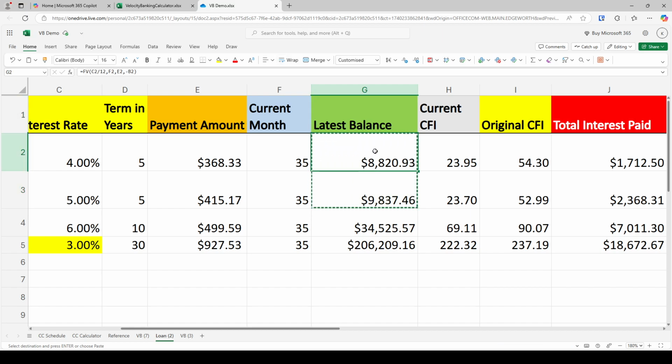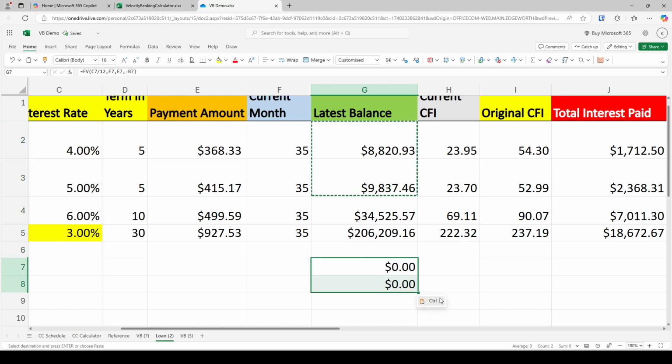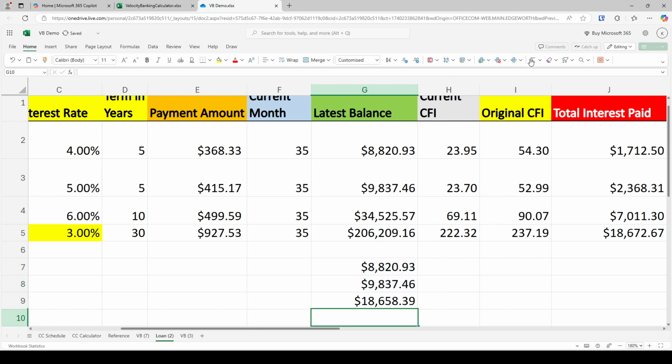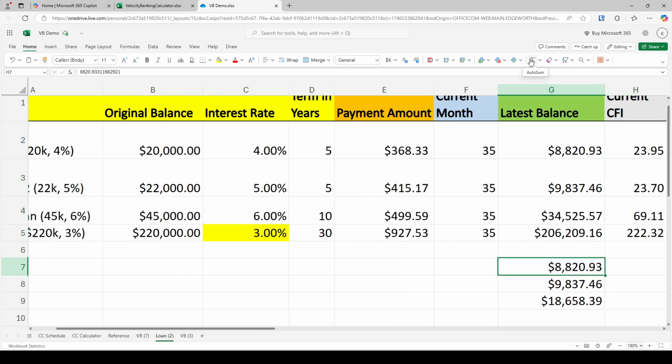So let me do this right here. Copy and paste. I'm going to sum it up. What we're going to do is move these two auto loans into the line of credit so that we can get this much cash flow back in our life.